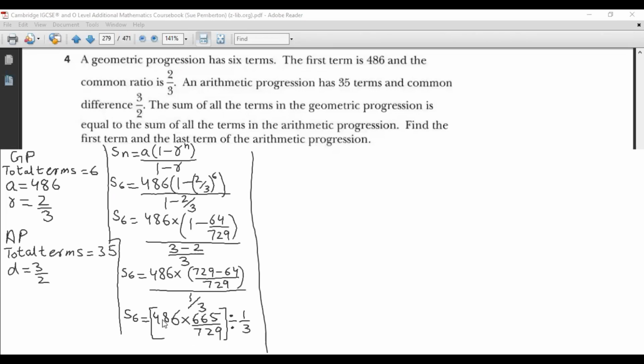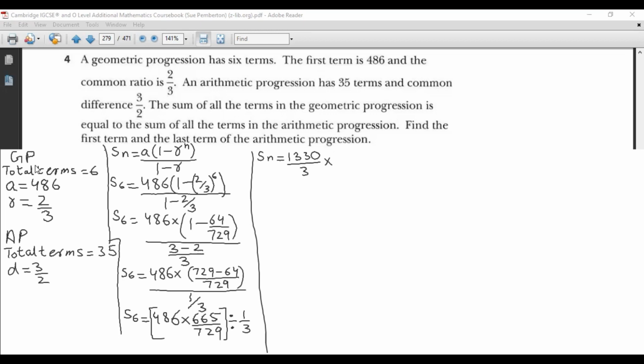So when I will simplify this one, I will get S6 equals to 1330 over 3. Now I will change divide sign into multiply.